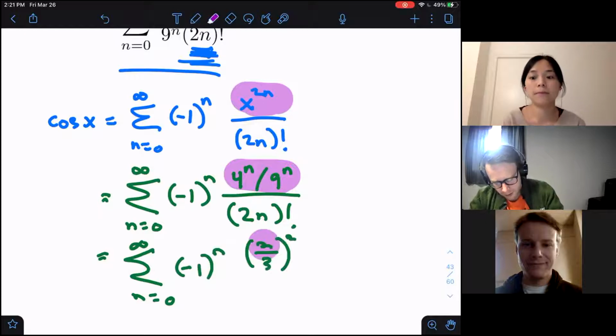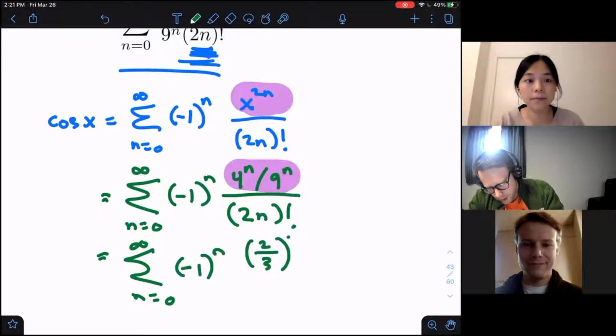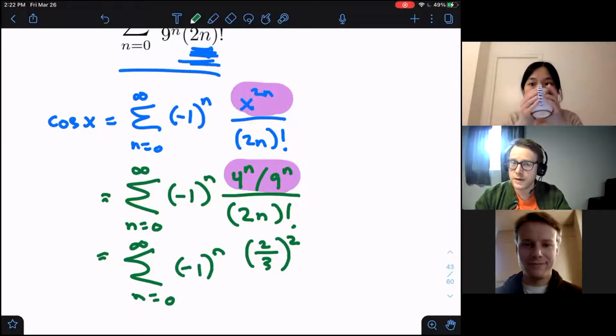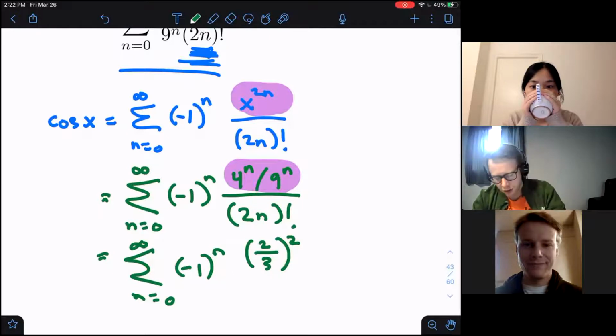That's not my best 2's there. Let me go ahead and rewrite that. Right, so 4/9 is the same thing as 2/3 squared. And now each one of those is being raised to the nth power. And so remember, whenever you have powers raised to more powers, they multiply together.